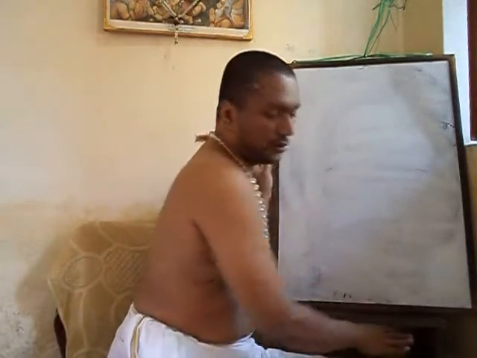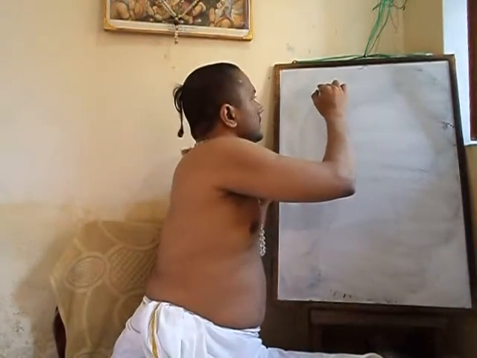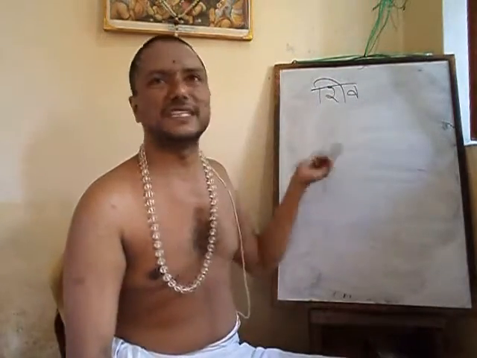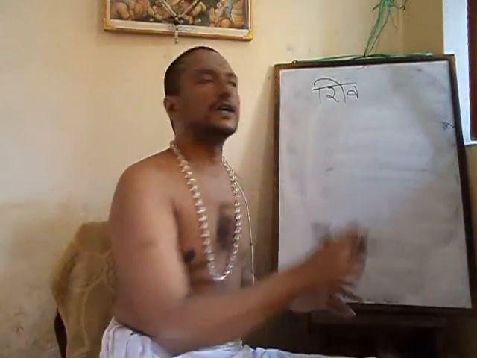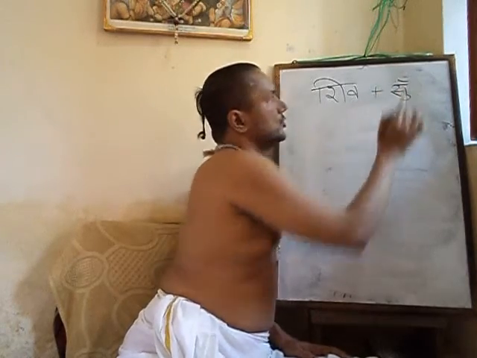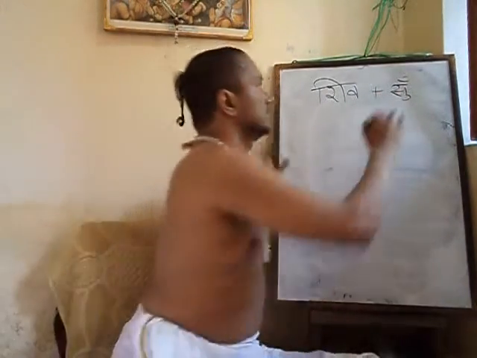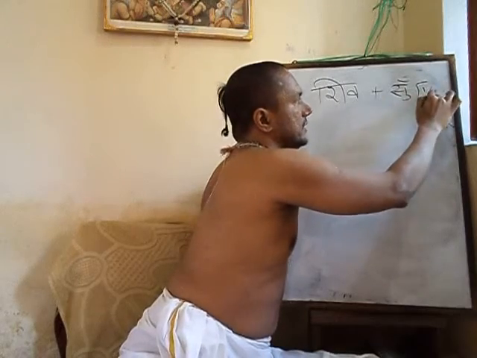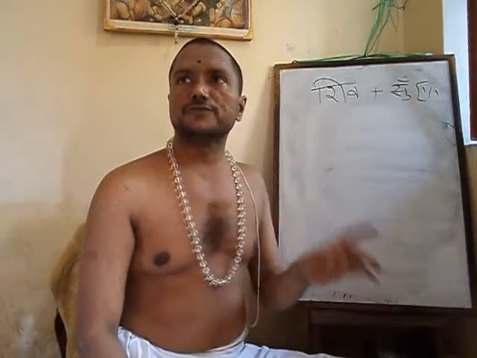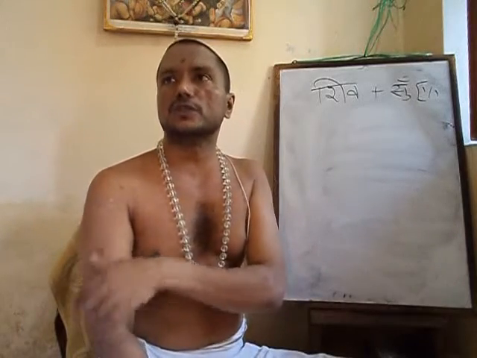I will introduce you to the next stage. See, Shiva. It can be Shiva or Rama. Okay? Shiva plus Su. This Su is first case singular. Su, Aujas, Aukshas.